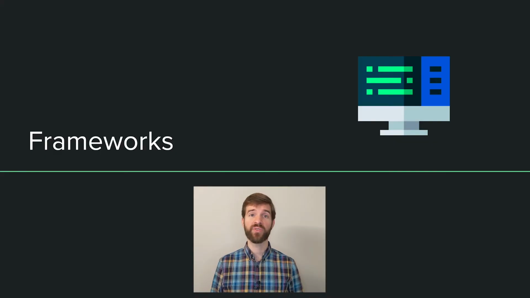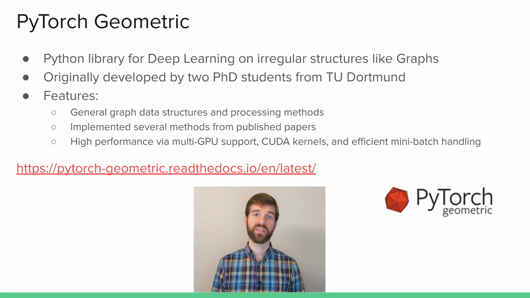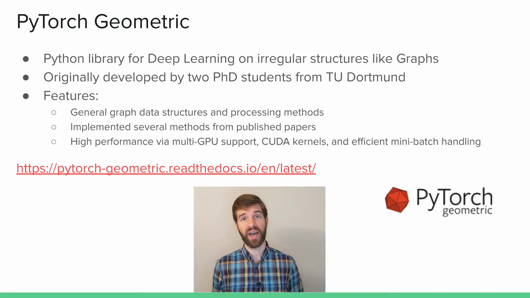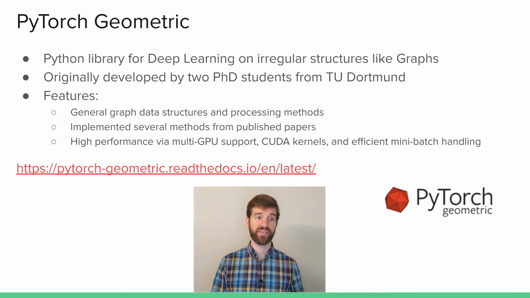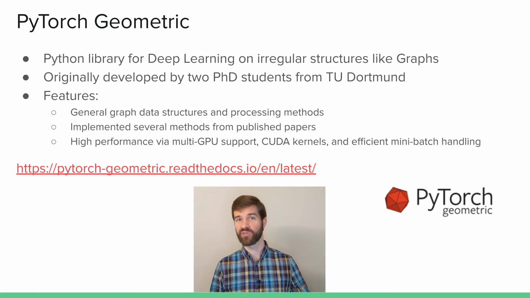Now that we know the theory about graph neural networks, let's have a look at a few frameworks that can help us to bring this to some practical, meaningful applications. One framework that I would like to present here is PyTorch Geometric, which is a Python library for deep learning on irregular structures like graphs.